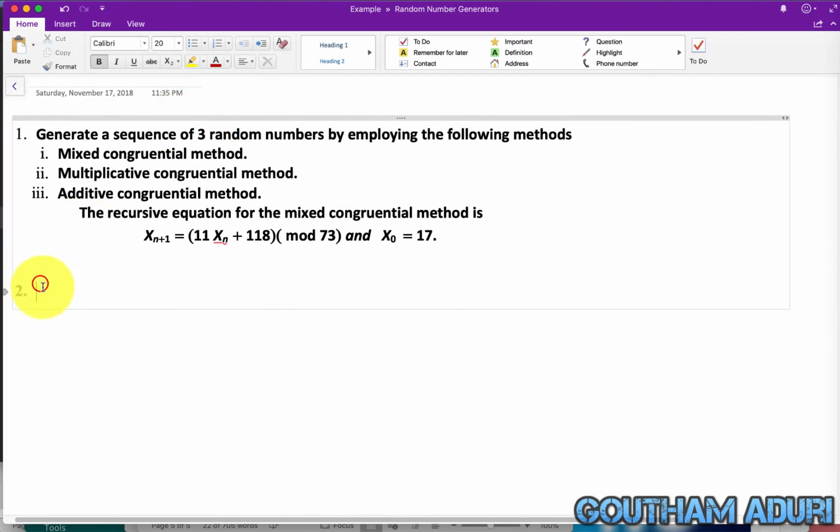So I'm just asking the question: generate a sequence of three random numbers. Let me go ahead and write the random number generator equation.